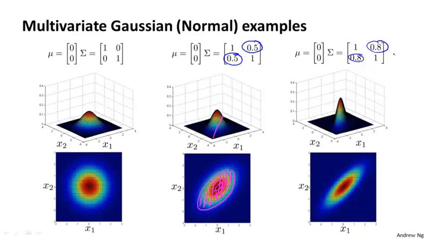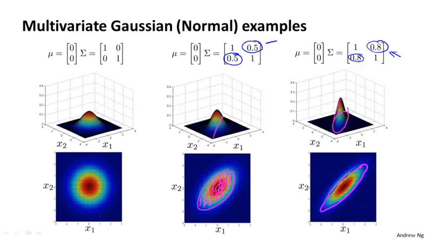And as this entry 0.8 gets large, you get a Gaussian distribution where all the probability lies on this narrow region where x is approximately equal to y. It's a very tall, thin distribution, lying mostly along this central region where x is close to y.